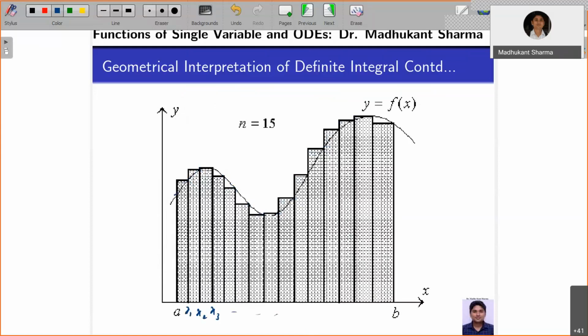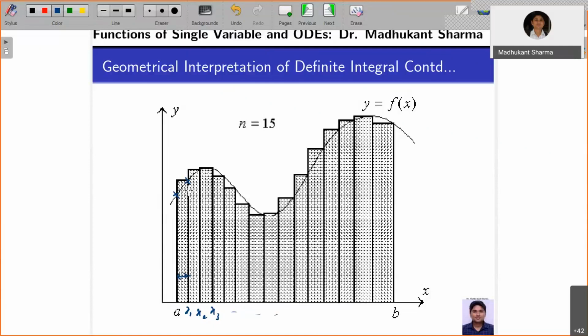So this is your f of a, this is your f of x1. If you look at this design given to you, then you can actually locate the tag point. How? By looking at which height you are taking for the rectangle. The width, this thickness, will not change because the length will remain unchanged: x1 minus a, x2 minus x1, x3 minus x2, and so on. So this width you cannot change.